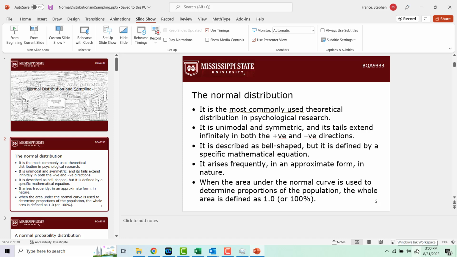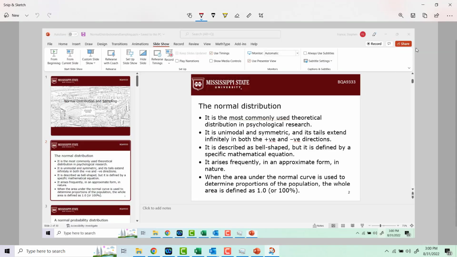So what is the normal distribution? Let's just snip this. So the normal distribution, a Gaussian distribution, let me just draw something here. We'll have the mean in the middle here. It's going to be symmetric. So you can see it's symmetric.